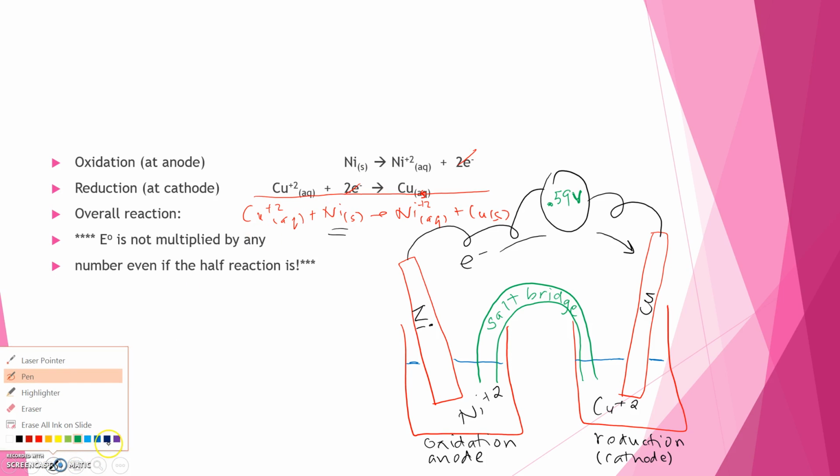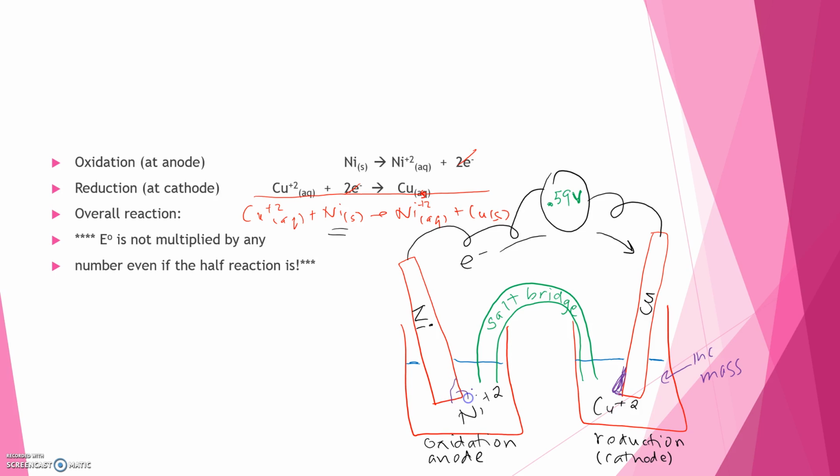And the last thing is that as the electrons come here, they're combining with this copper 2+, and as they combine, they become copper solid. So this electrode is actually going to gain in mass. It's going to increase in mass, and your cathode is going to increase in mass. As the electrons leave here, these are going to become more Ni2+. So this electrode is going to lose mass.